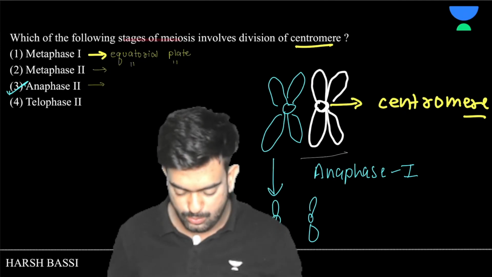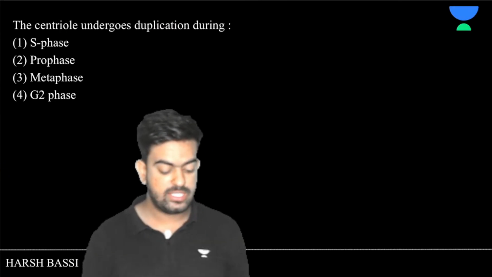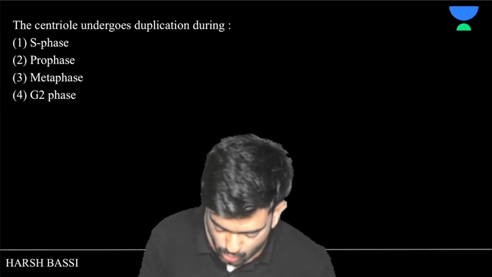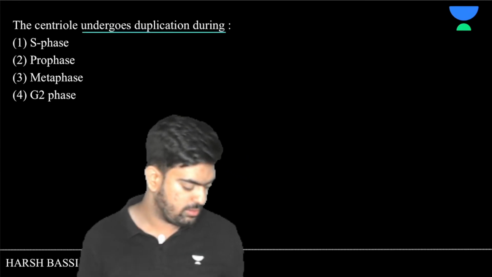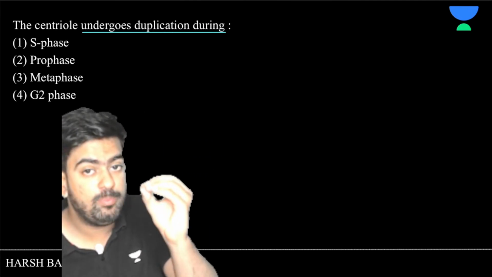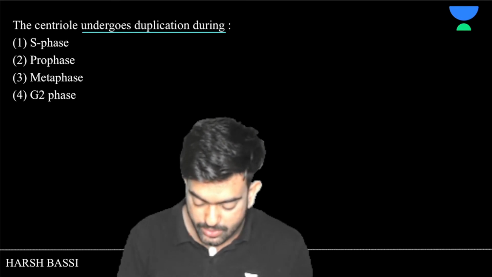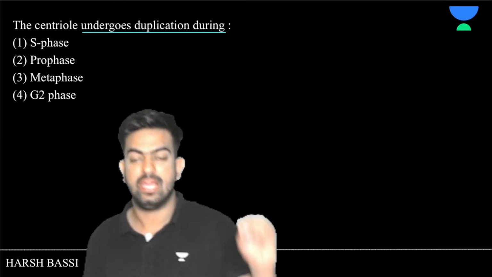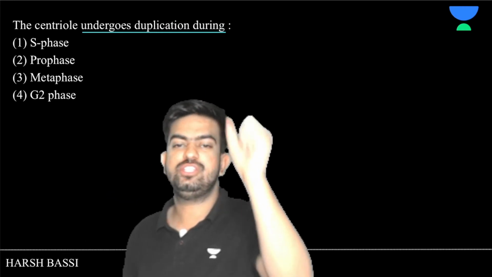Now let's move on and have this particular question, which says the centriole undergoes duplication during... This is a very easy peasy question. It is saying that the centromere duplicates in which stage? So the centromere here duplicates in the S phase, prophase, metaphase or G2 phase.